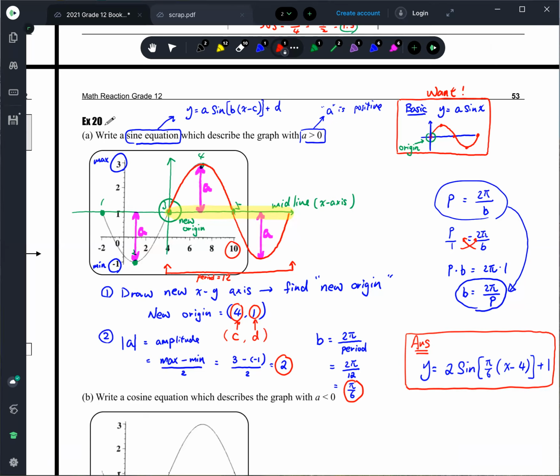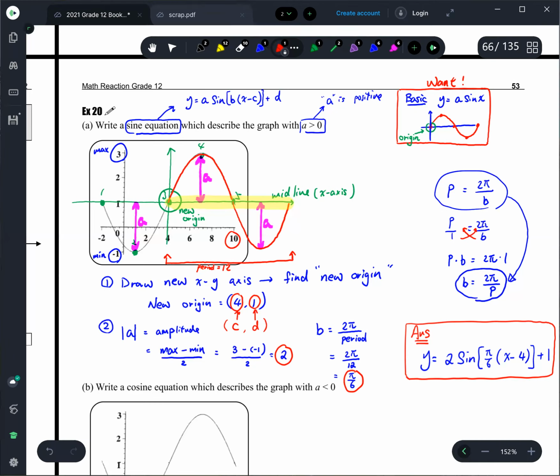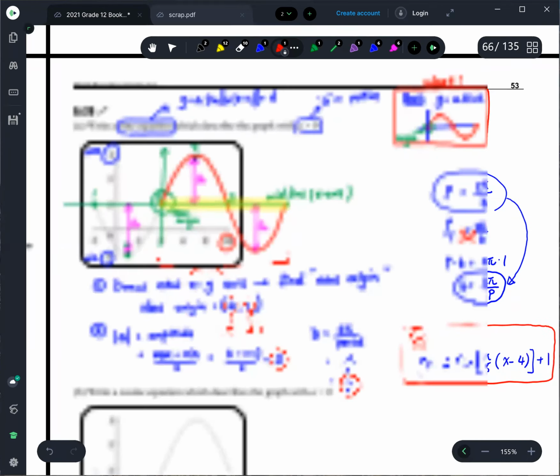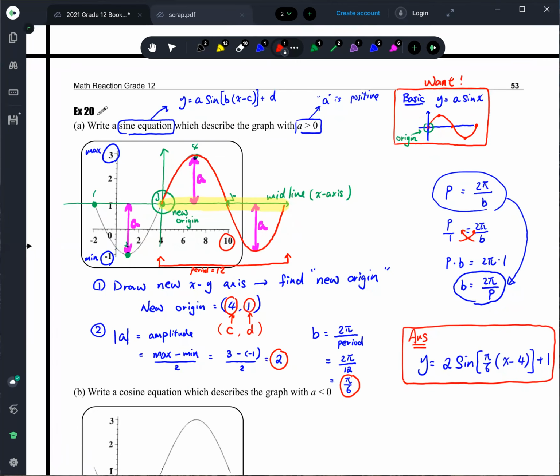So let's quickly recap what's going on. We spent quite a lot of time doing this one question, but once we move on to the next one, everything is the same. Just keep repeating the same steps. Your first step is to find a new origin.